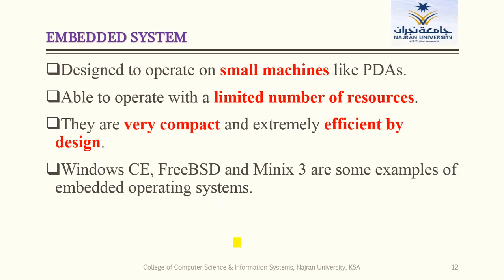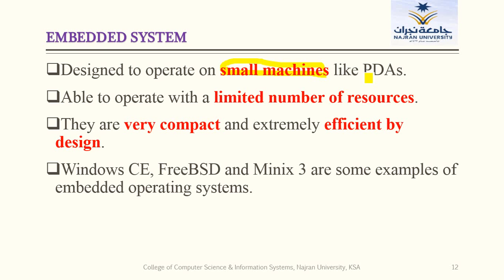Another type of operating system is the embedded operating system. Embedded, as the name shows, means something is already built in. These types of operating systems are designed to operate on small machines like PDAs, your smartphone, your tablet. All these machines have some embedded operating system.